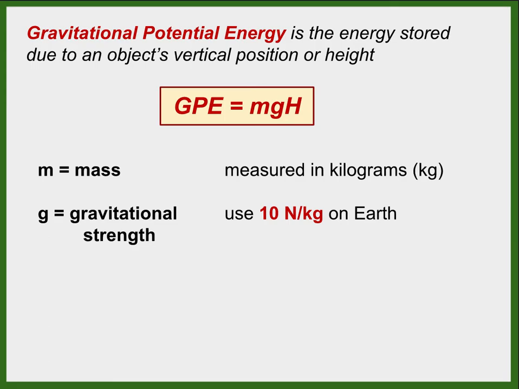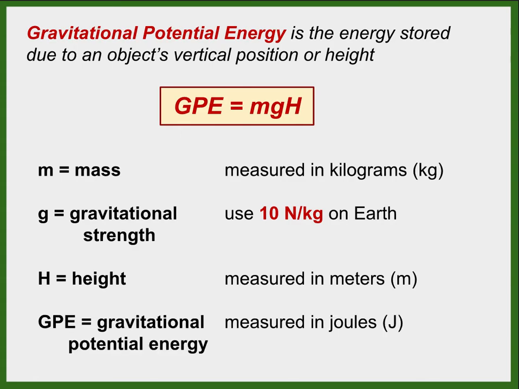Always, always, always. And then the H will represent the height, and that should be measured in meters. It's how high it is above the ground, so it's a vertical measurement.